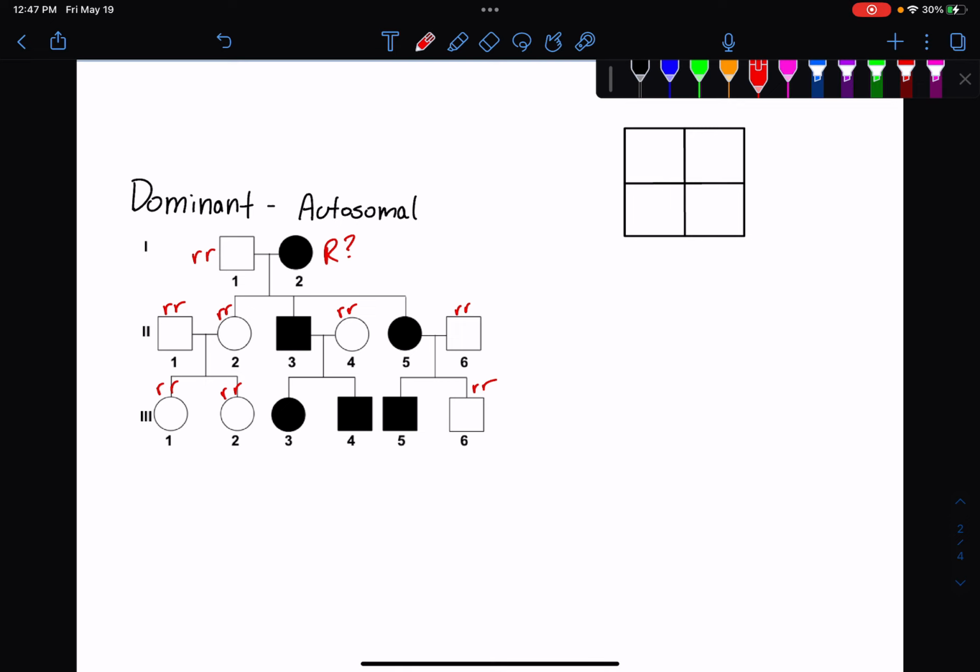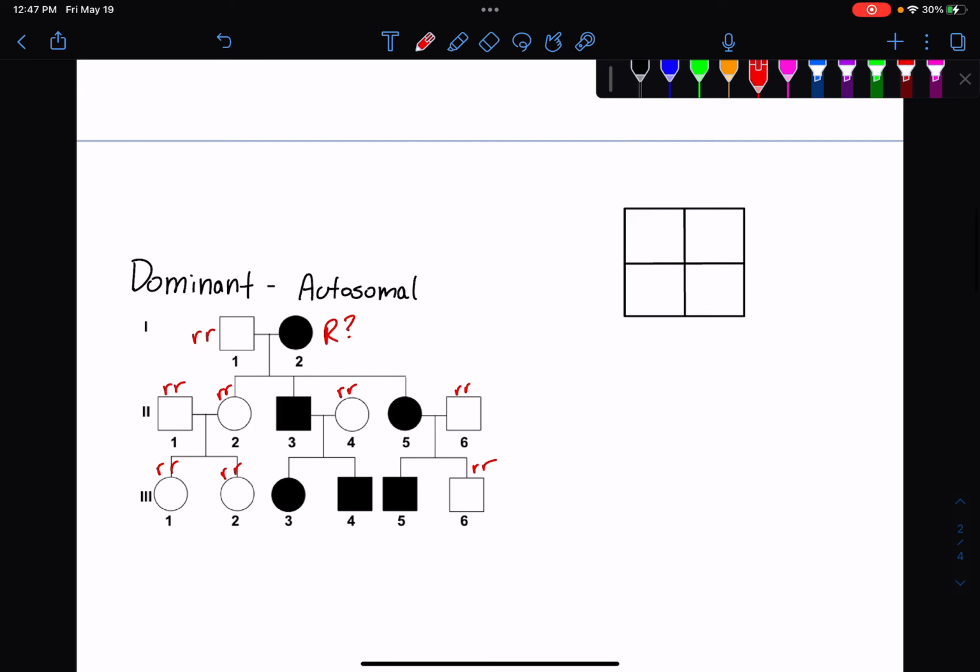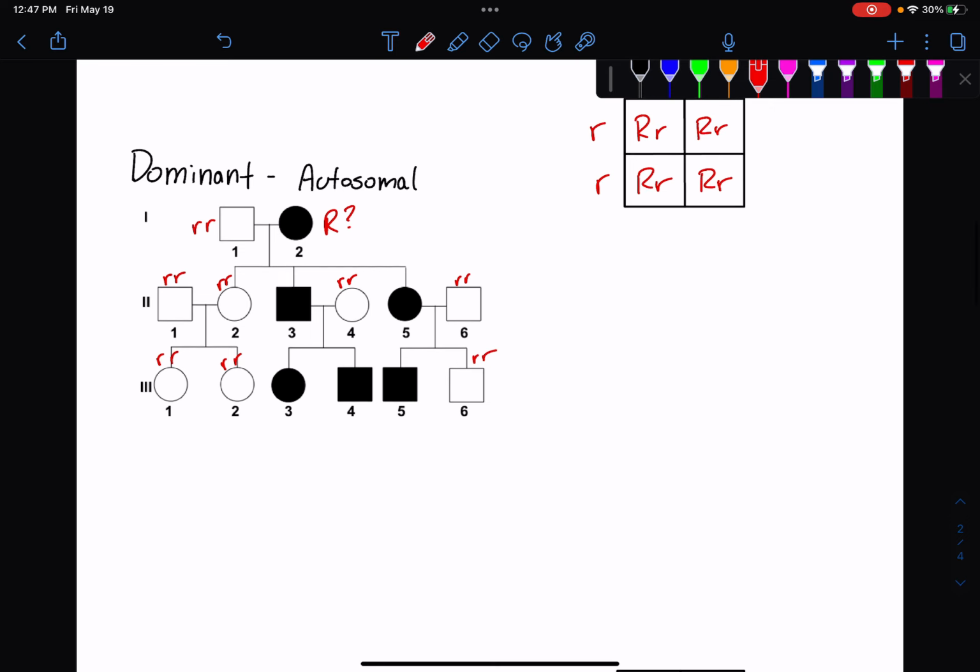Okay. Well, if we look at this, these pairs actually produced a little r. I'll show here that let's say if the mother was big R and the father was little r, if I fill in this chart, this is not what the mother should be.